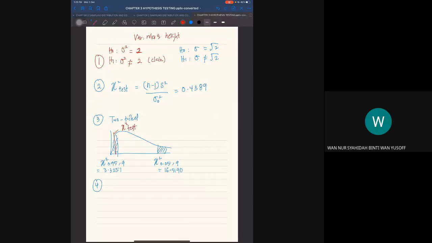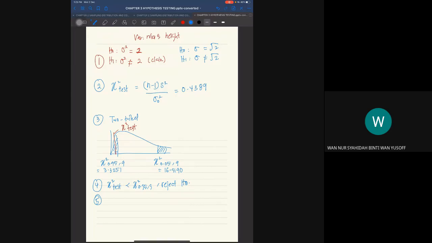Then the decision: reject H0. What happened to the claim? Did we support the claim? Yes.